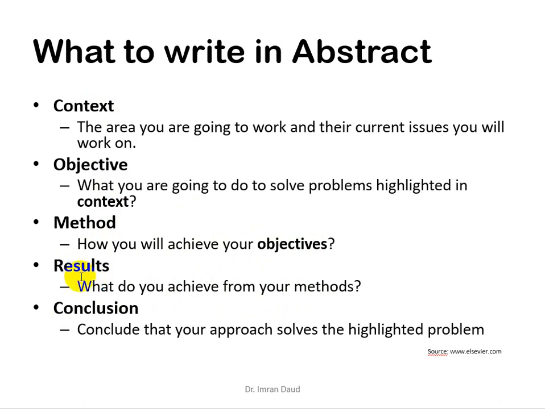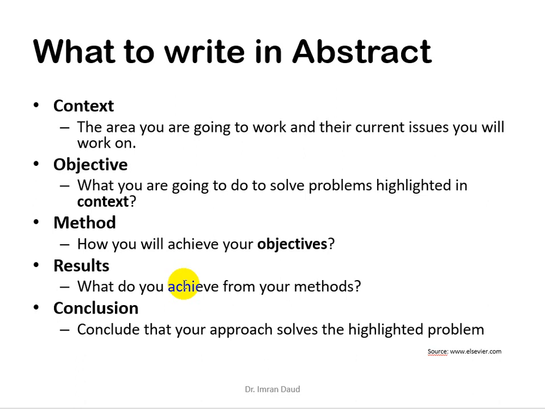The results basically highlight your novelty factors. Novelty factors are the factors which are new in your approach. For example, there were NLP-based methods proposed by several different researchers as well, but the kind of NLP method you are proposing must have some kind of novelty factors.